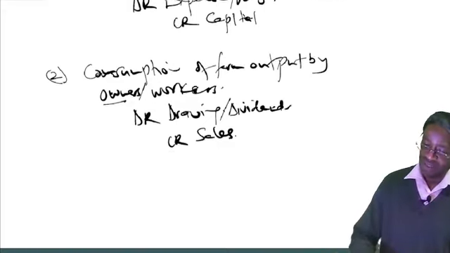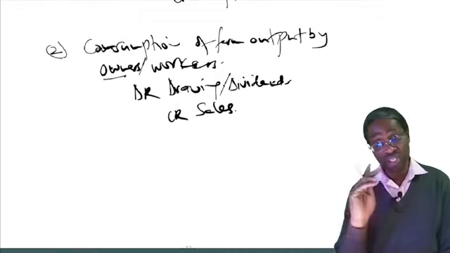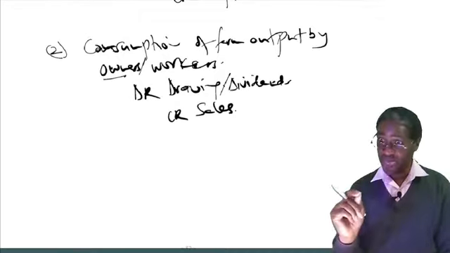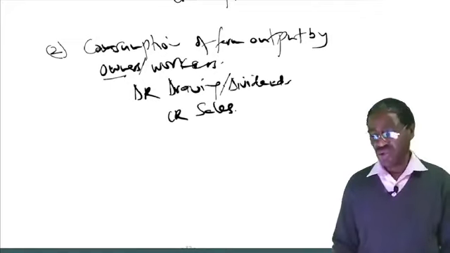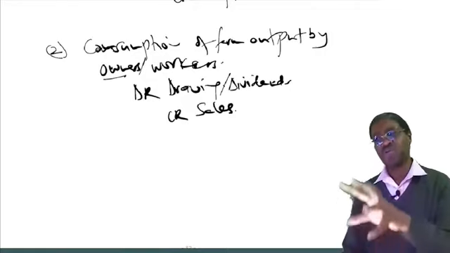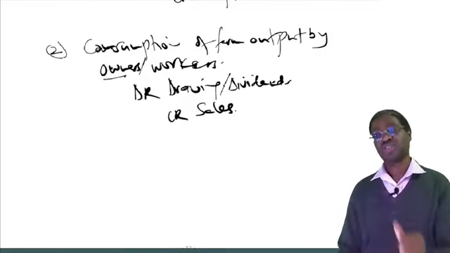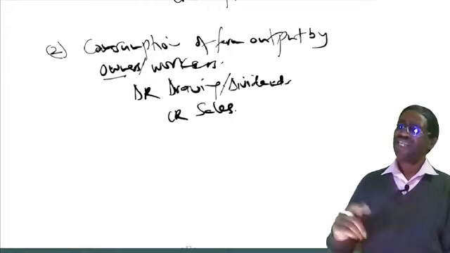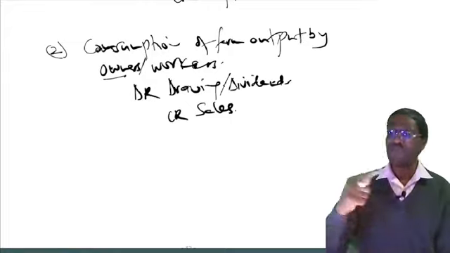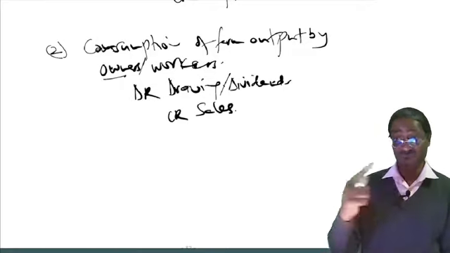Now listen, what about an employee? Not the owner now, an employee. As a business, one of your employees took vegetables worth this much. It's like you are paying him in kind, not in cash. You are paying him his wages in kind.